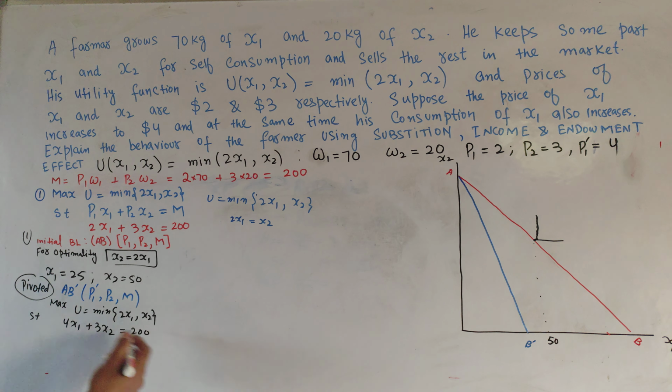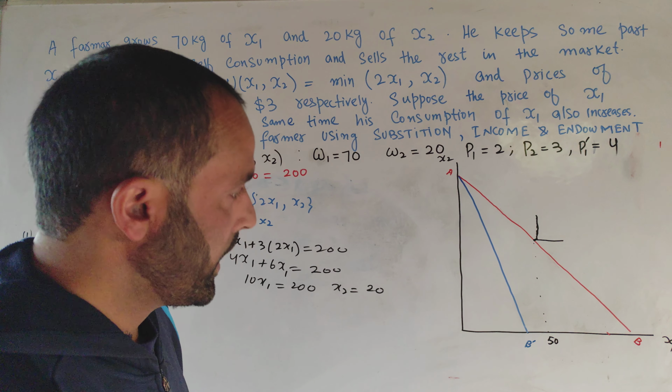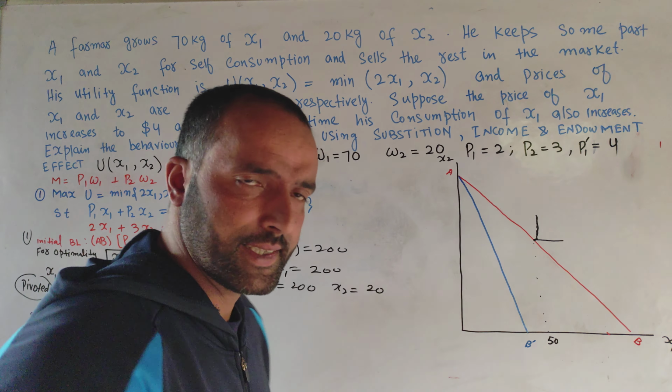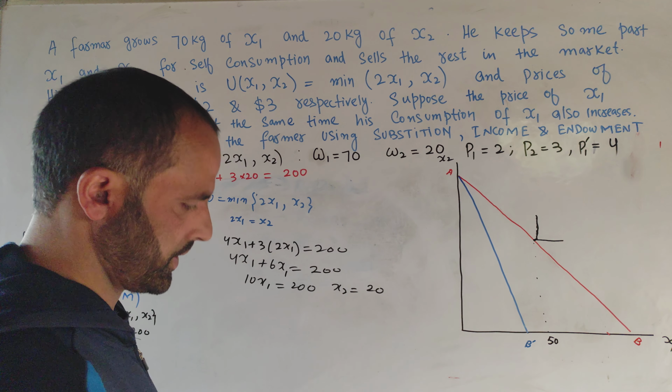So we get x1 is equal to 20, and x2 will be equal to 40. Okay, so when we solve this, let us denote x1 by x1 prime is equal to 20, and x2 prime, since x2 is twice that of x1, will be equal to 40. So when the price of good x1 has increased, quantity demanded of good x1 has decreased.